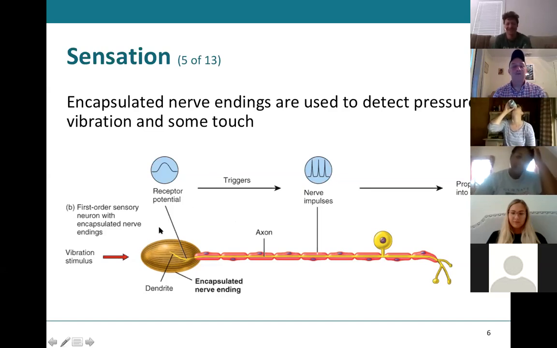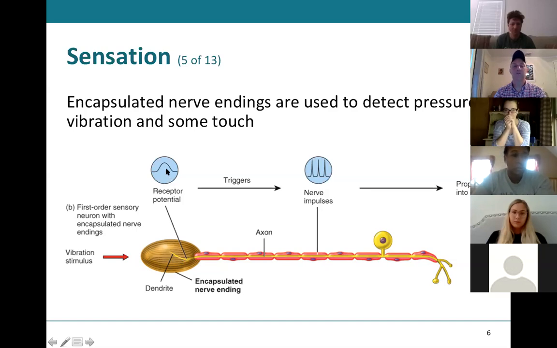Okay, so let's imagine this is a Pacinian corpuscle, and this is in the hypodermis of your skin, right? And what you actually have here is the ability to, with sufficient vibrational stimulus, right? What's happening there is that energy transfer is passing through the connective tissue that's now going to stimulate that dendrite inside that connective tissue.